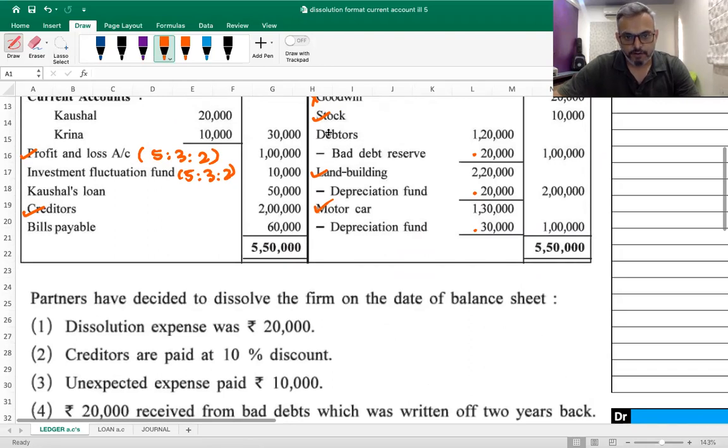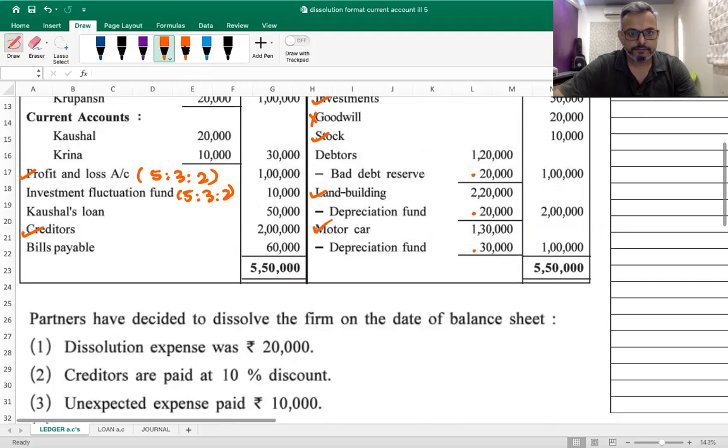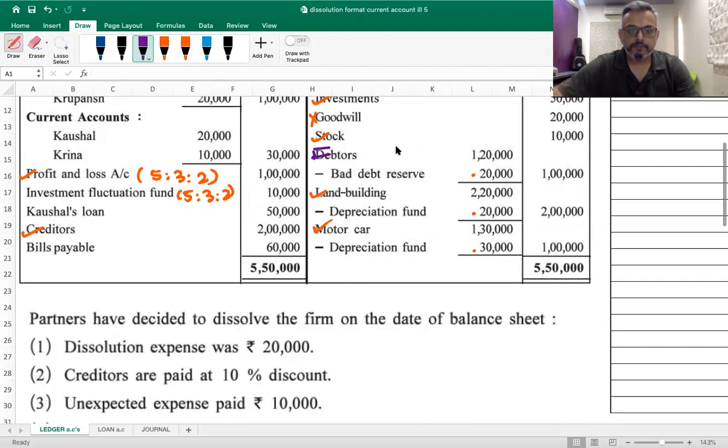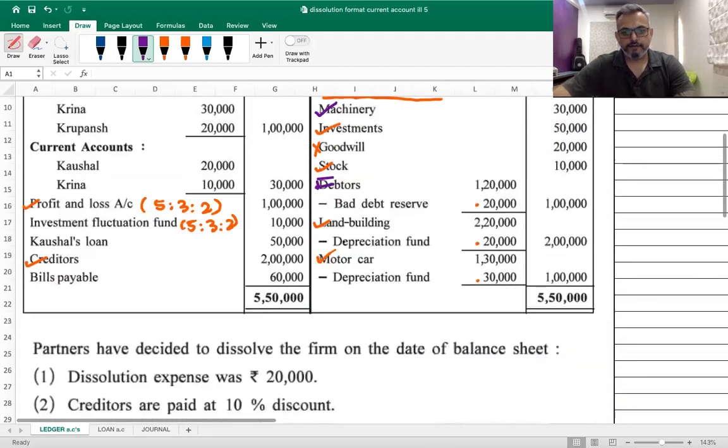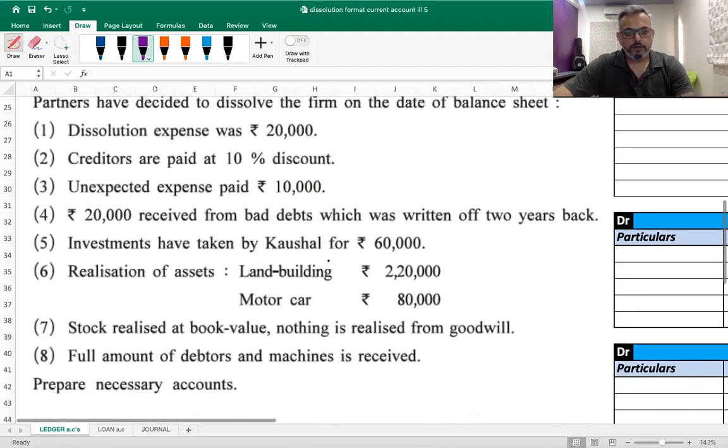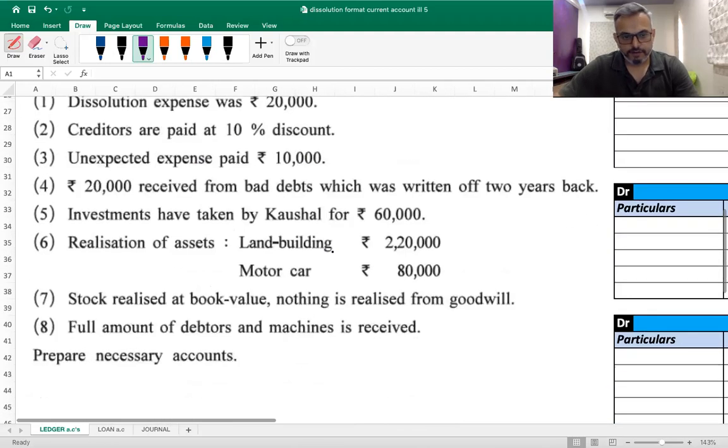Full amount of debtors received, I mark this. And machine full amount. So debtors, machine full amount. Okay. Nothing else is given.